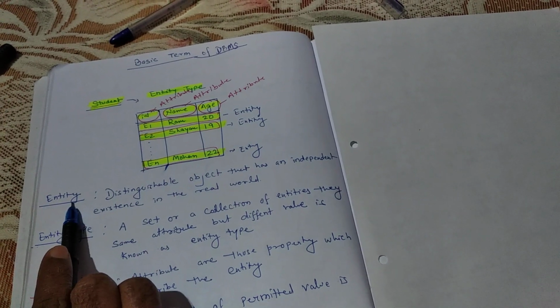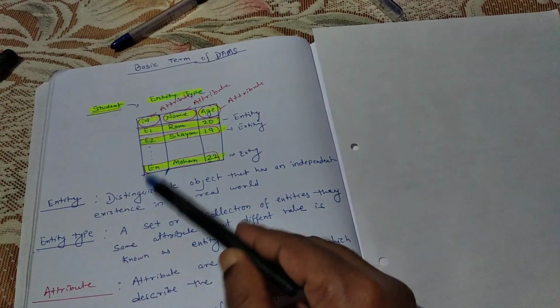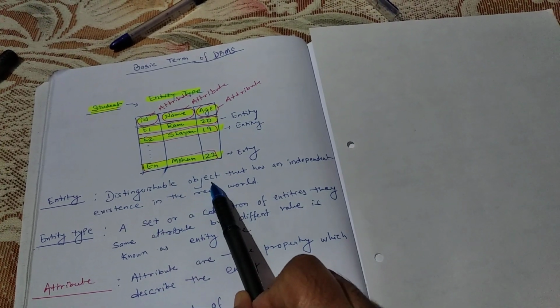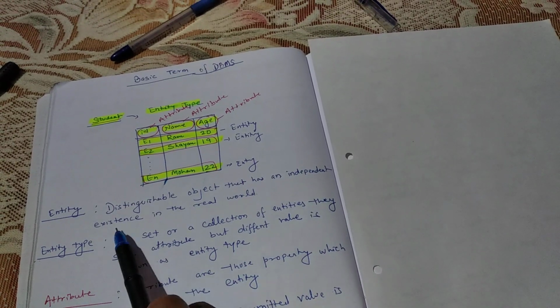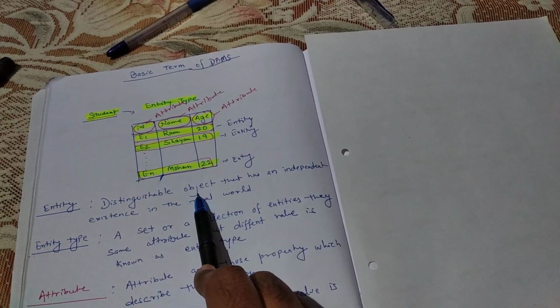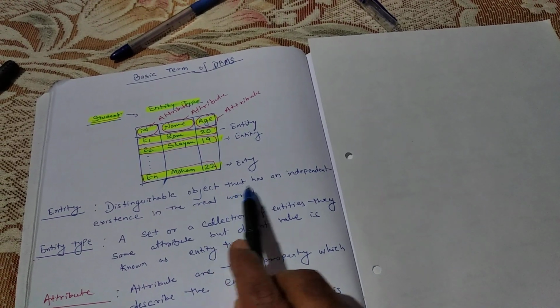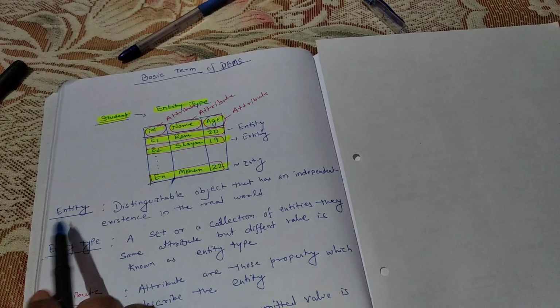What is an entity? A distinguishable object that has an independent existence in the real world is called an entity.